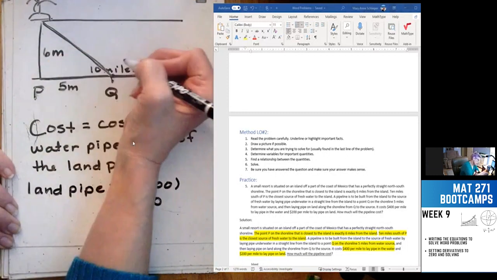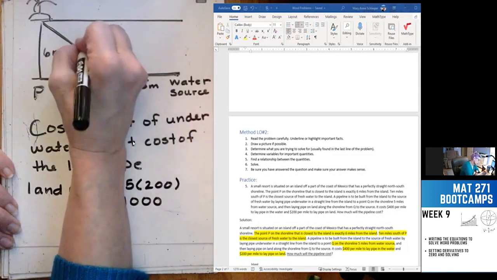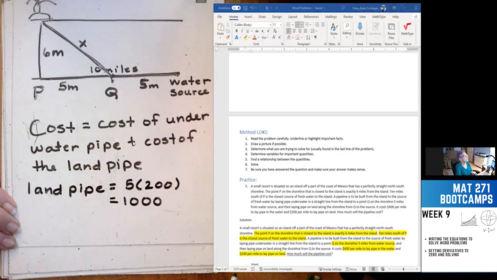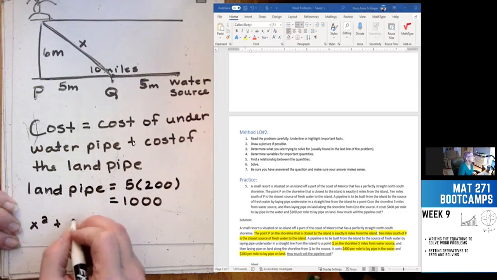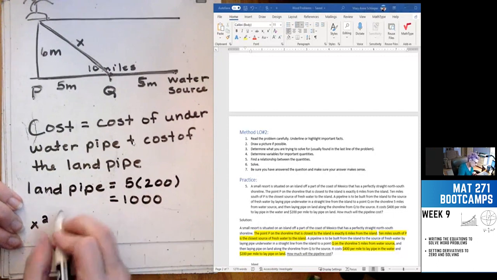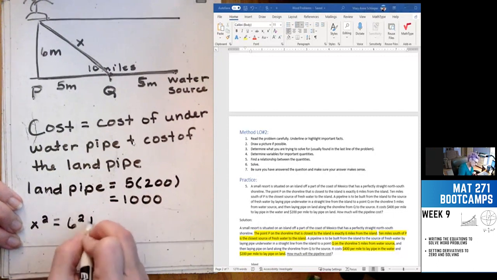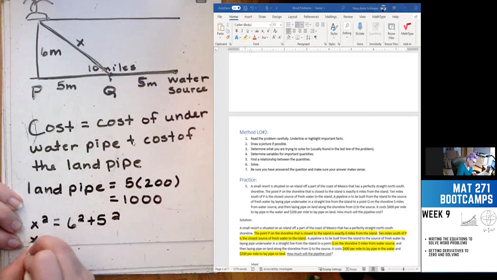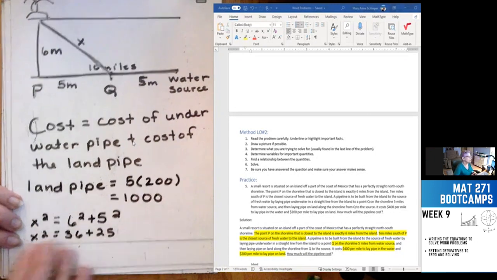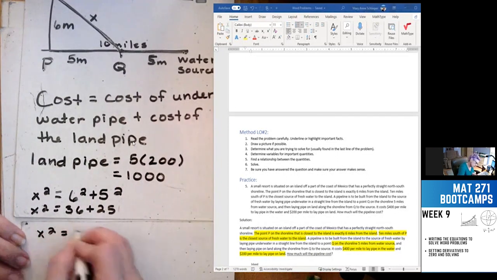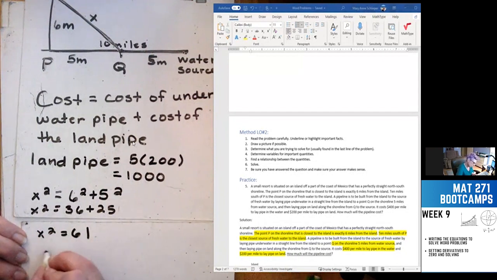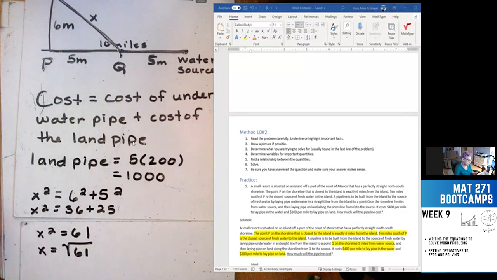So luckily we have a right triangle. So x squared has to be equal to 6 squared plus 5 squared. So x squared is 36 plus 25. So x squared is 61. So x is the square root of 61.